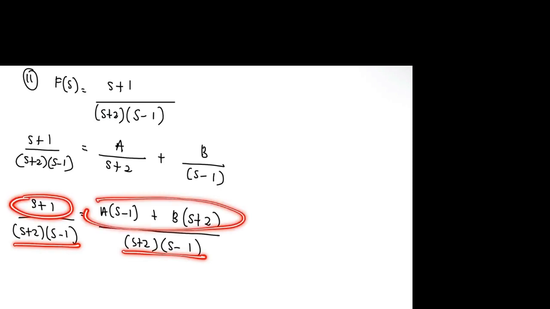Because the denominators are equal, the numerators are also equal. That means we have s plus 1 equal to a times s minus 1 plus b times s plus 2. So we want to find a and b.